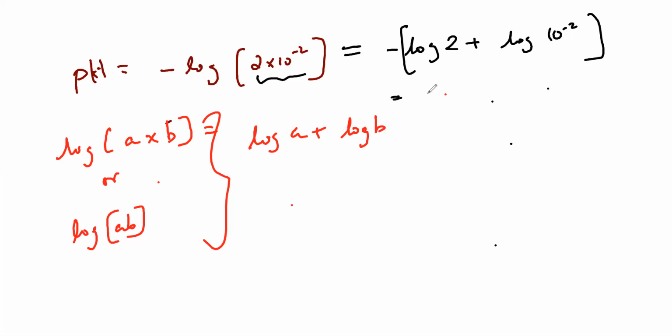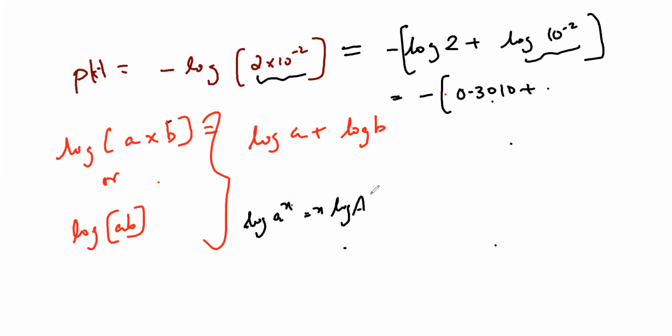So if I want to put the log 2 value, I should know what the log 2 value is. That is 0.3010. Plus this is log of A power X. Log of A power X is X log A. So that is minus of 0.3010, minus 2 into log 10.